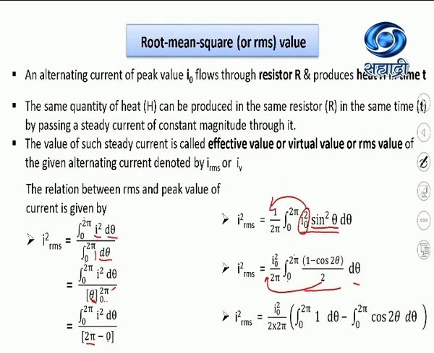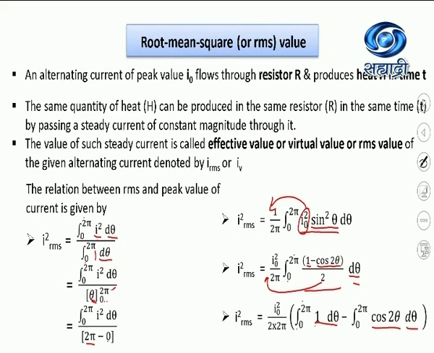Now we'll separate the integrals. Initially we'll take integration of 1 with respect to theta, limits from 0 to 2 pi, minus integration of cos 2 theta with respect to theta, limits from 0 to 2 pi.